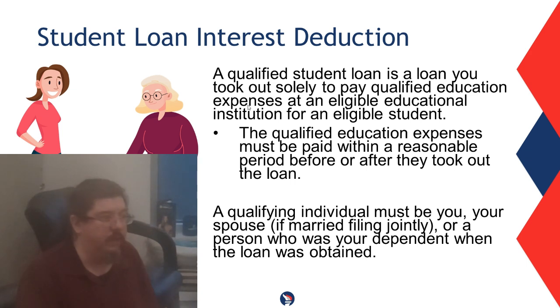And by that time, most of the time now, parents have to co-sign even to get a student loan for their kids. So even if you're paying or helping to pay off your child's student loan, and now they're in their 30s, that's still student loan interest, even though they're not your dependent anymore, as long as they were your dependent at the time they took the loan out.